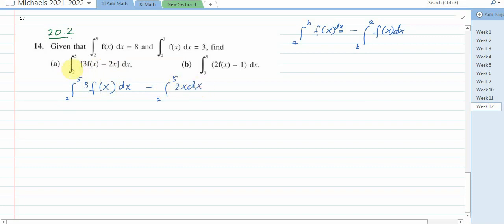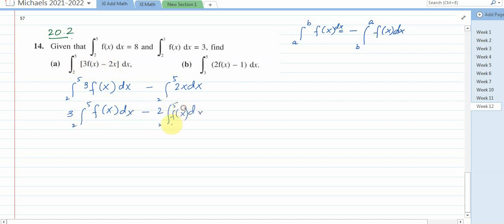I have expanded the brackets and the sign of integration is applied to both of these terms. 3 is a coefficient, so if I write it in this form, 3 integral of 2 to 5 f of x dx minus 2 integral of 2 to 5 x dx.